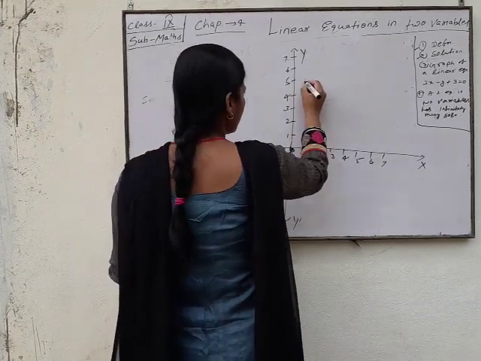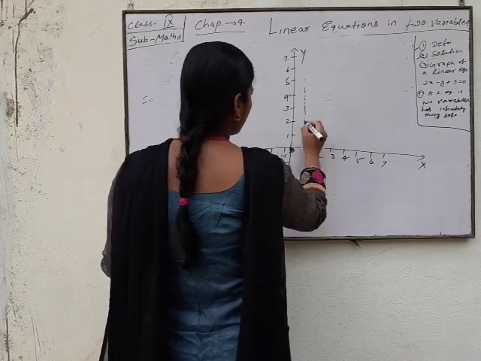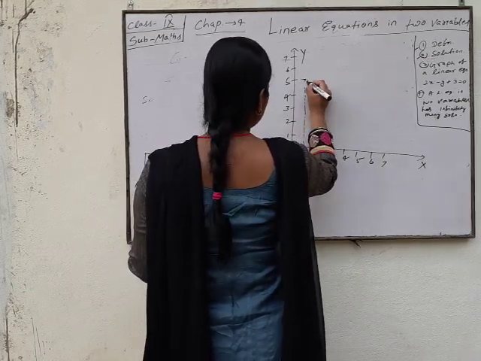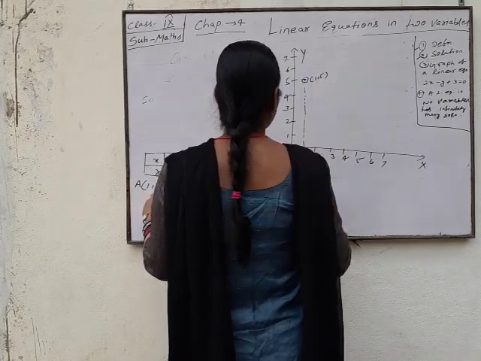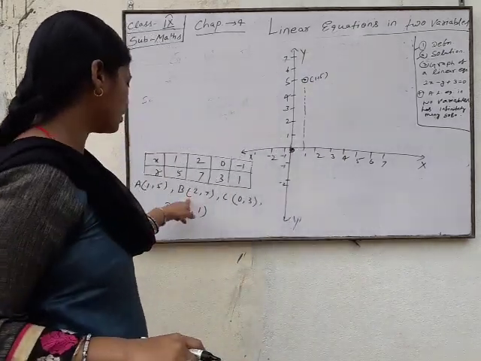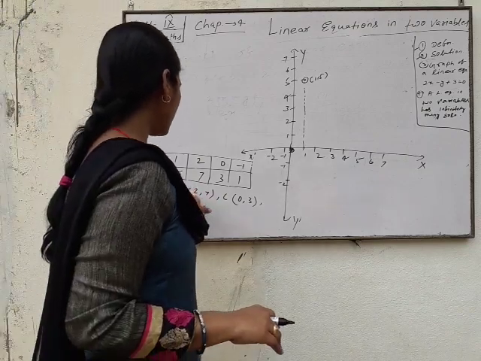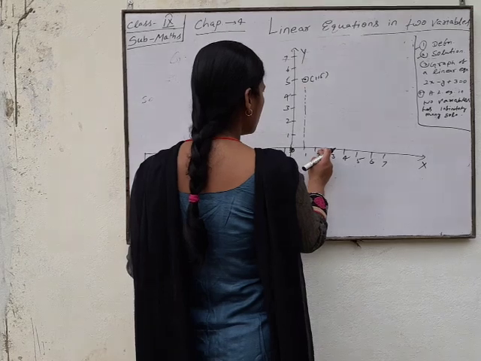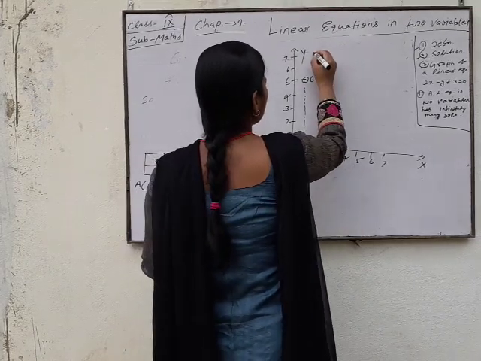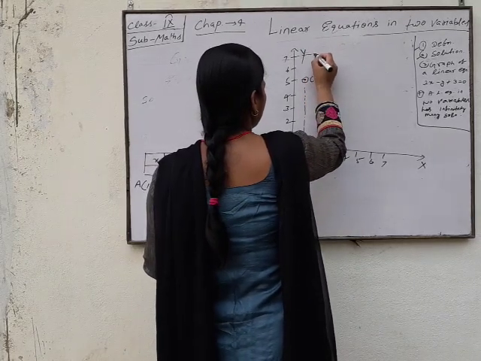This is 5. And this point is 1 and 5. Now, second point, B, 2, 7. 2 is the value of x and 7 is the value of y. This is 2 and 7.